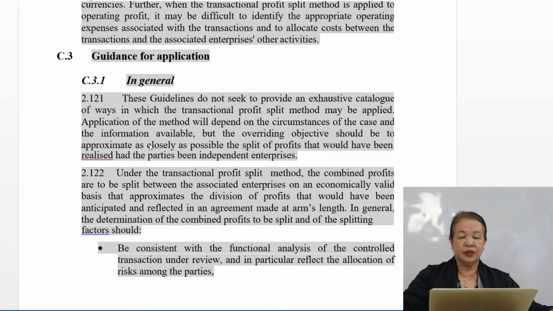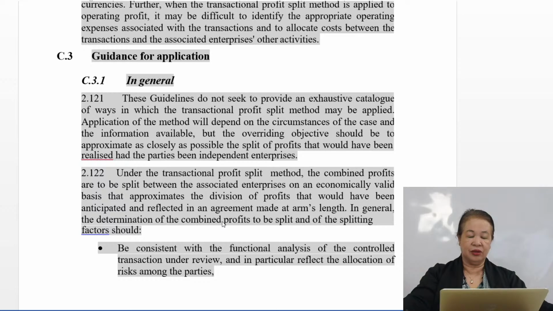This OECD transfer pricing guidelines, for those who just tuned in, is the basis of the transfer pricing guidelines that the Philippines also adopted. Transfer pricing is the pricing of goods and services as applied to related party transactions.